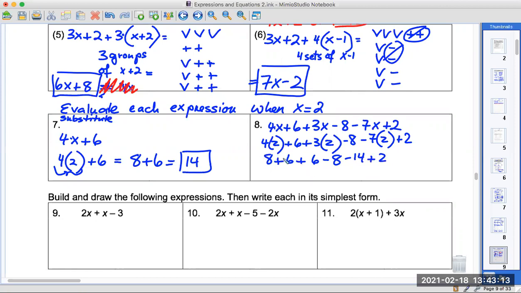And then you go from left to right. 8 plus 6 is 14, plus 6 is 20. 20 minus 8 is 12. 12 take away 14 is negative 2. Negative 2 plus 2, the answer is 0.